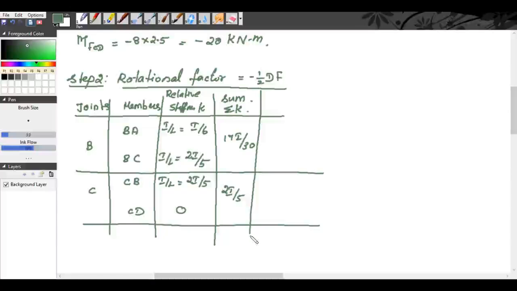So now we know the distribution factor is equal to k by sigma k. So I by 6 divided by 17I by 30, we get 5 by 17. 2I by 5 divided by 17I by 30, we get 12 by 17.